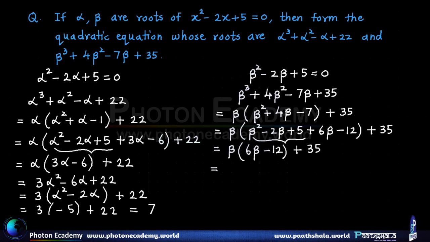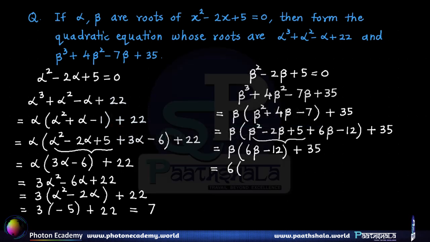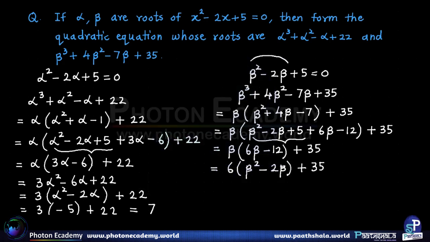So taking 6 outside the bracket and taking beta inside the bracket, we have 6 into (beta square minus 2 beta) plus 35. So once again we see that this particular portion is nothing but beta square minus 2 beta, which is equal to minus 5.